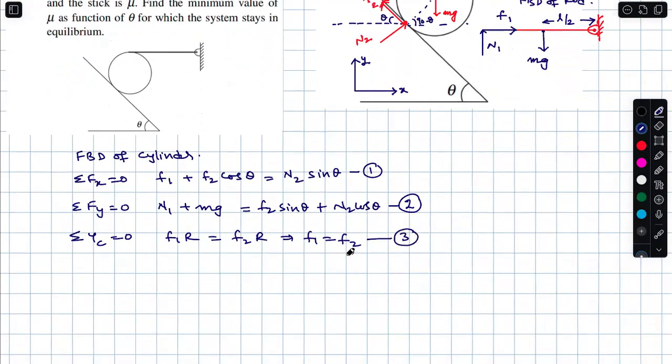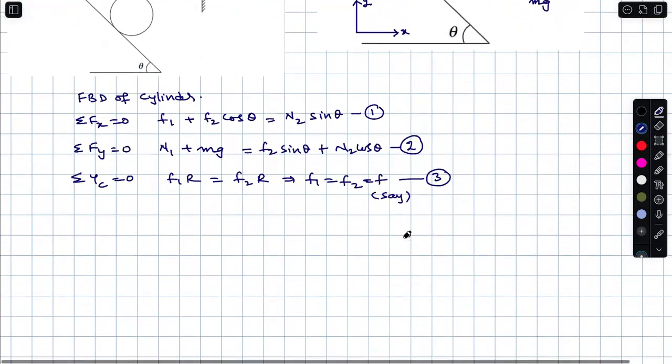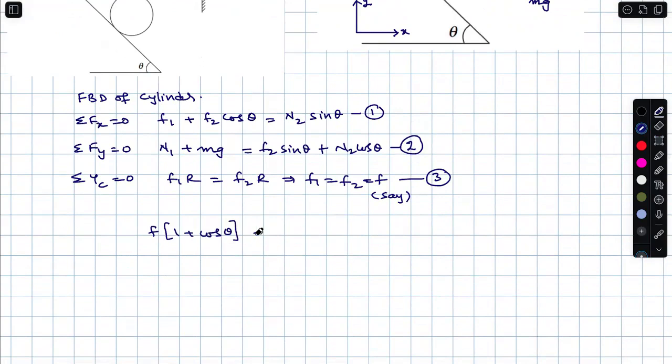Right. For convenience, we will make F1 and F2 one single number, let it be some F. So equation 3 results in F times (1 plus cos theta) equals N2 sin theta.